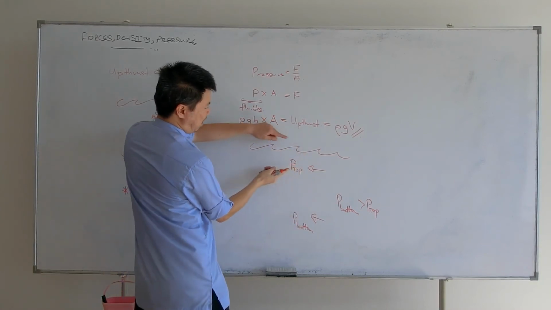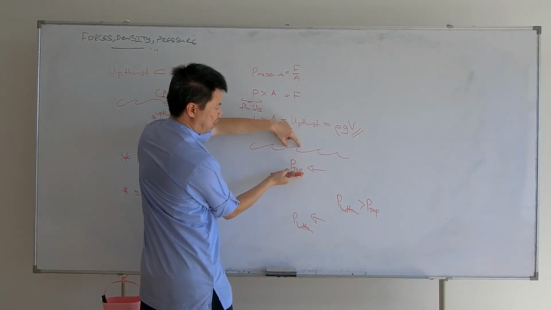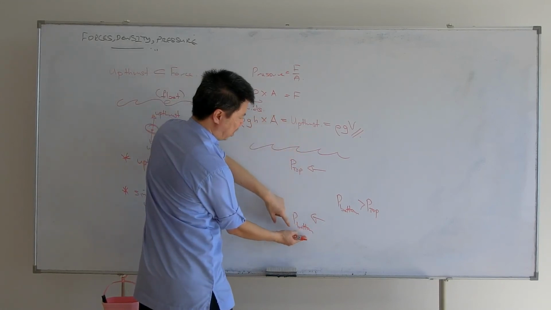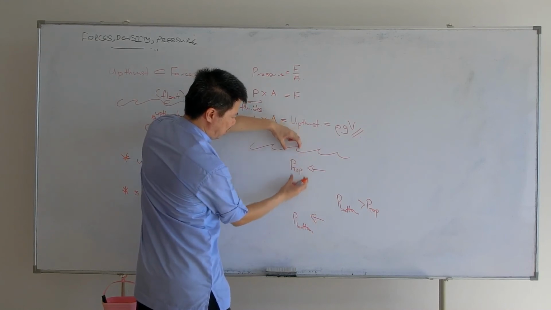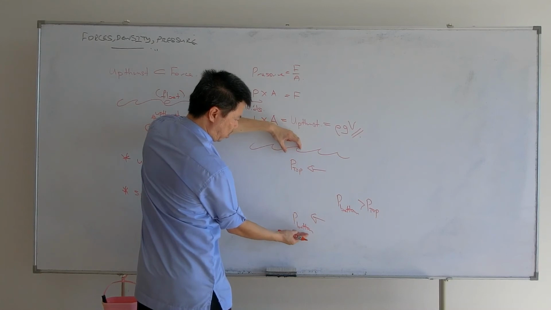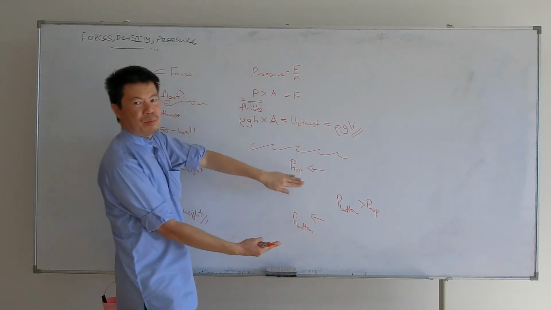If you are at the top, this much water is on you. But if you are all the way down here, imagine this three-dimensional amount of water on you, and you realize the force, or the pressure, here is much larger than it is here.